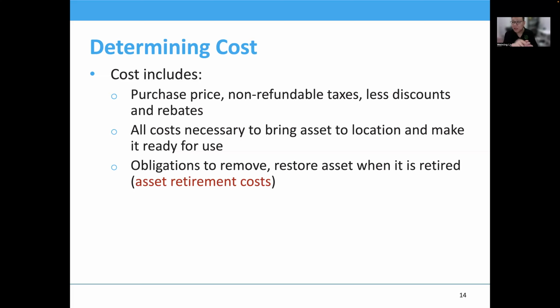There's a terminology for that: it's called asset retirement cost. So you can see that when you recognize the cost of a long-lived asset on the financial statement, that cost number is not that simple. It's not just the purchase price. There are also different factors to consider.